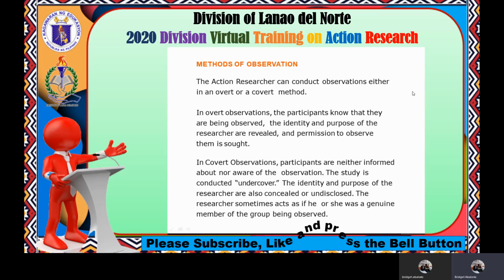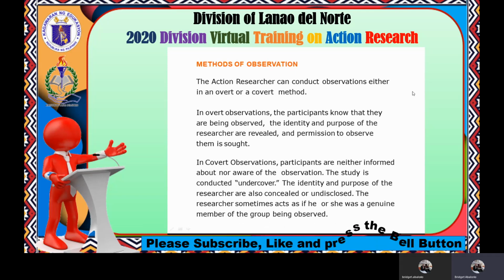The identity and purpose of the researcher are revealed, and permission to observe them is sought. So, klaro nga nahibaluan ang tanan sa overt observations. Nahibaluan nato ang respondent, ang participants, kabalo ta kinsa ang researcher, kabalo pod nga naay permission nga gihangyo kanila.